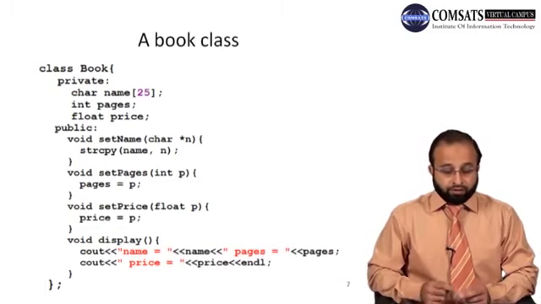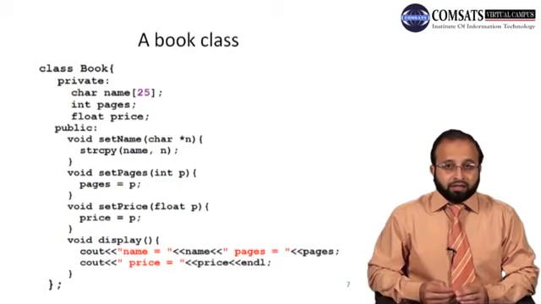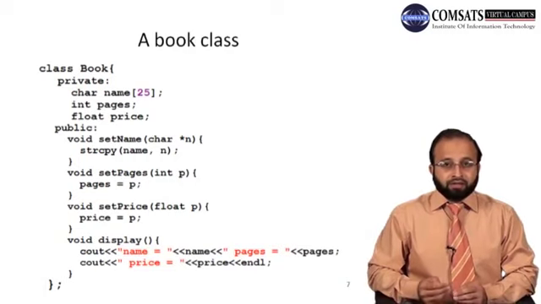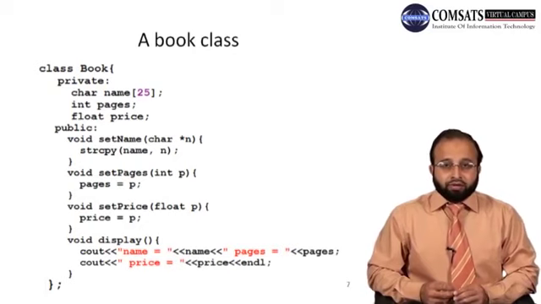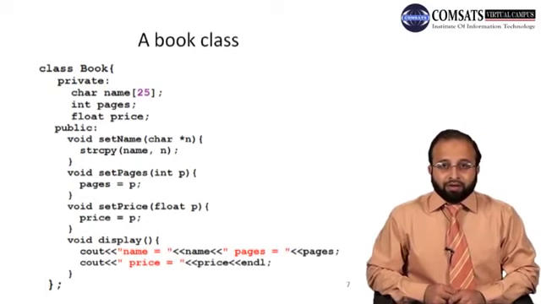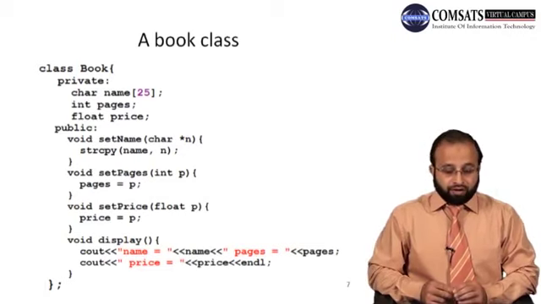So the functions in the class are public, while the data members of that class are private. This is because when we create an object of the book class, using that object we are not able to access name, pages or price, right? We cannot write B.